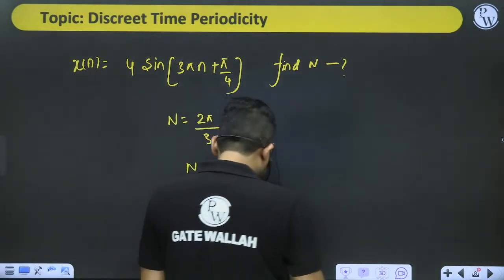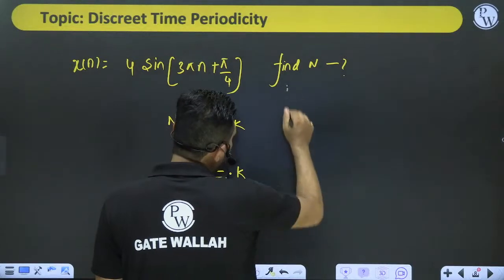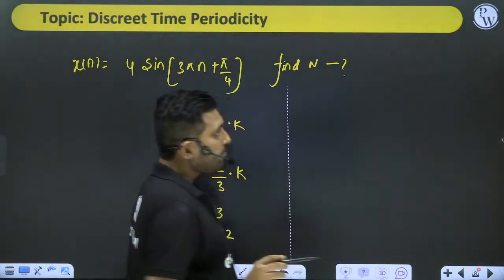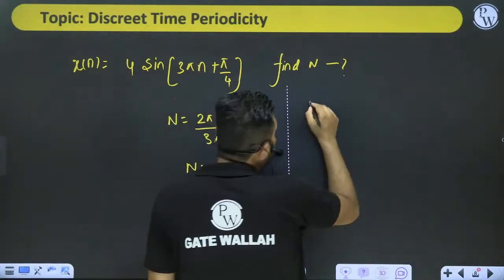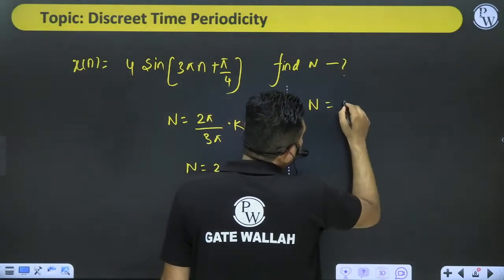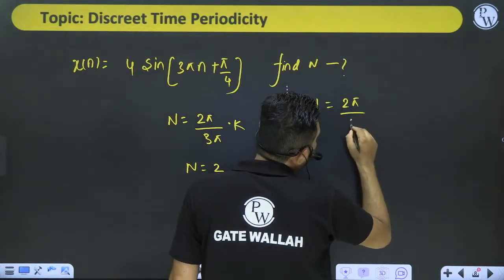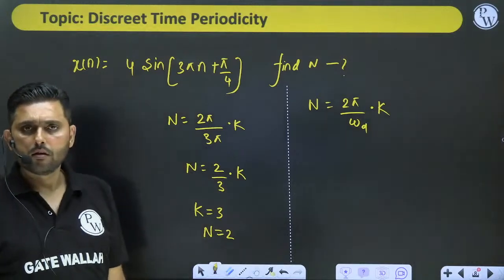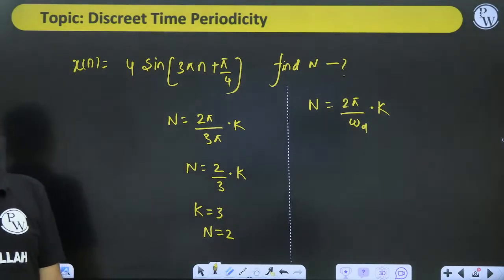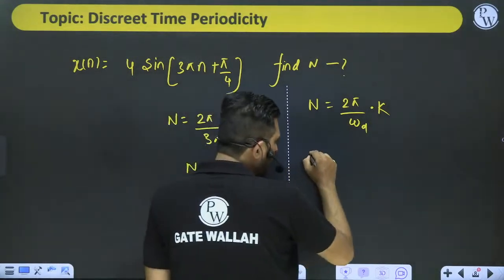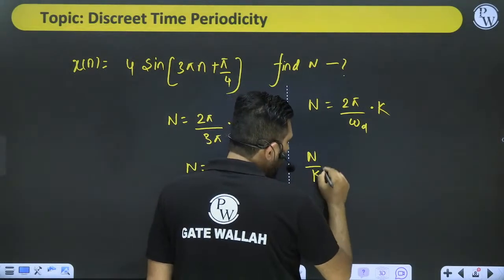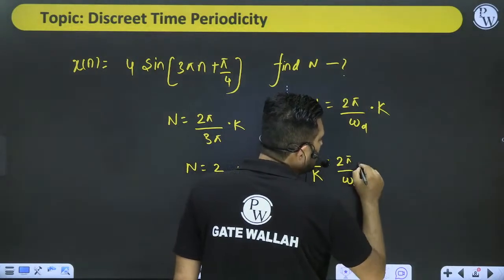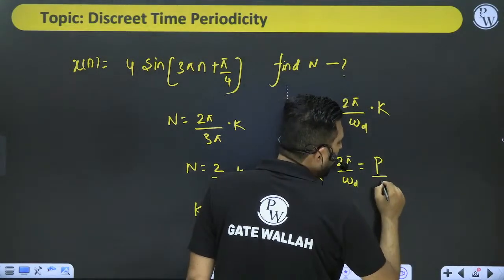But let's consider a very interesting thing here. Hello, what I get is n is equal to 2 pi by omega d into k. This means that n by k, which is 2 pi by omega d, must be in the form of p by q.